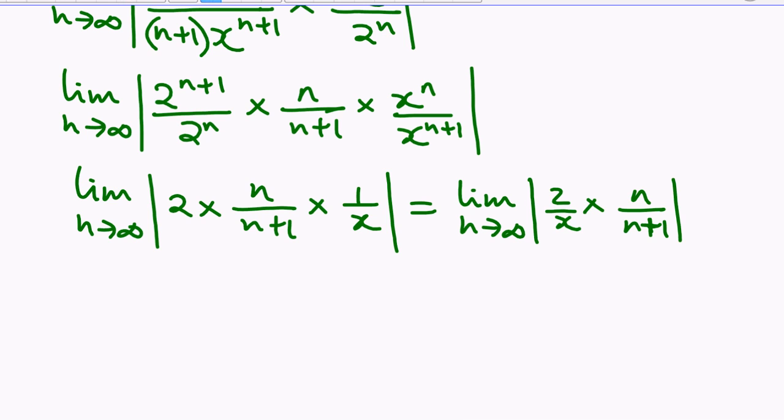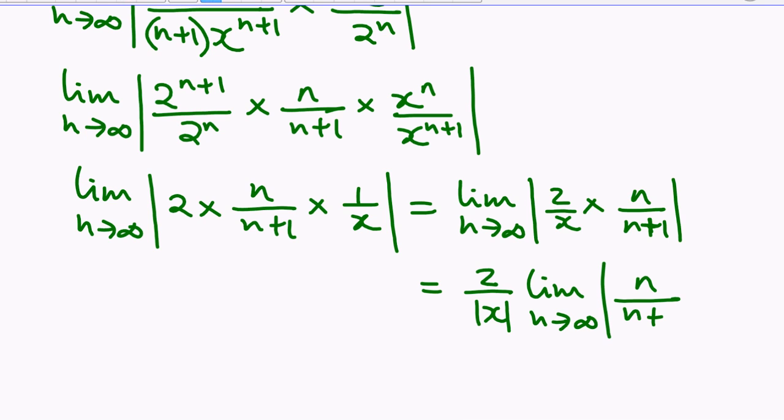So what I'll end up with is, take those things 2 and x out, but we're going to take the absolute value of x out, the limit as n approaches infinity of n over n plus 1.